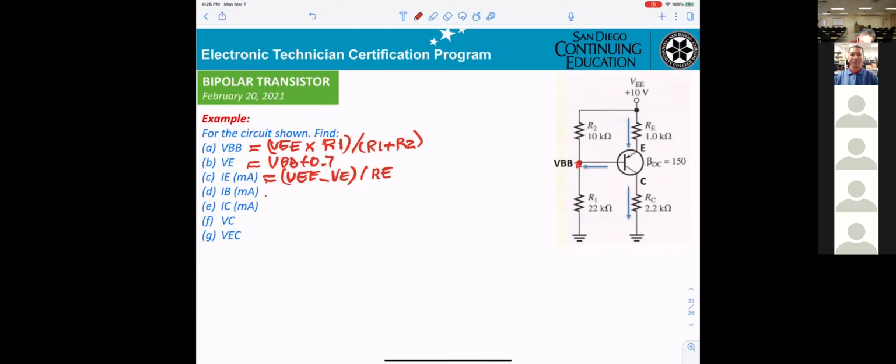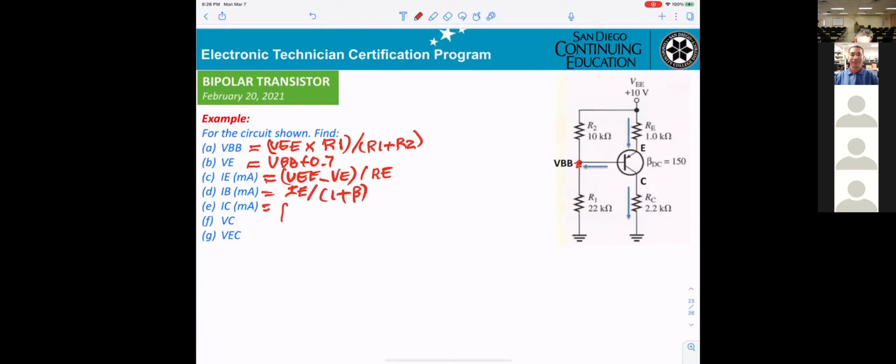And you know that IB equals IE divided by 1 plus beta.